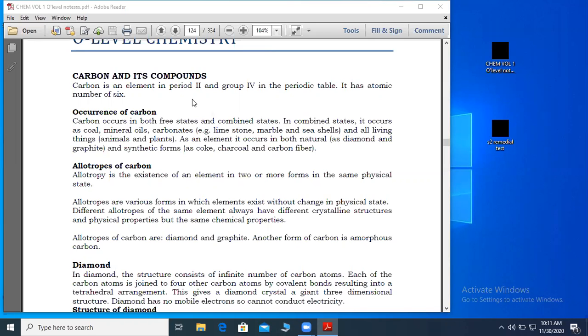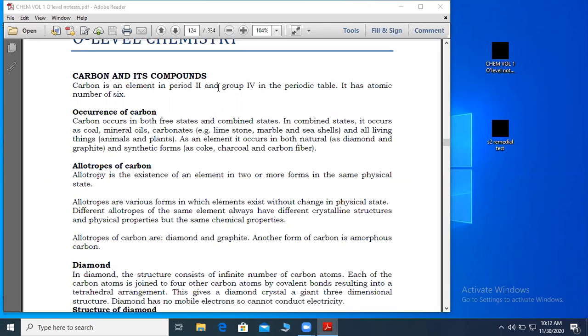We know that the atomic number of carbon is 6. So if the atomic number of carbon is 6, who can tell us the electronic configuration of carbon? Chantal, what is the electronic configuration of carbon? 2, 4. 2, 4, very good.